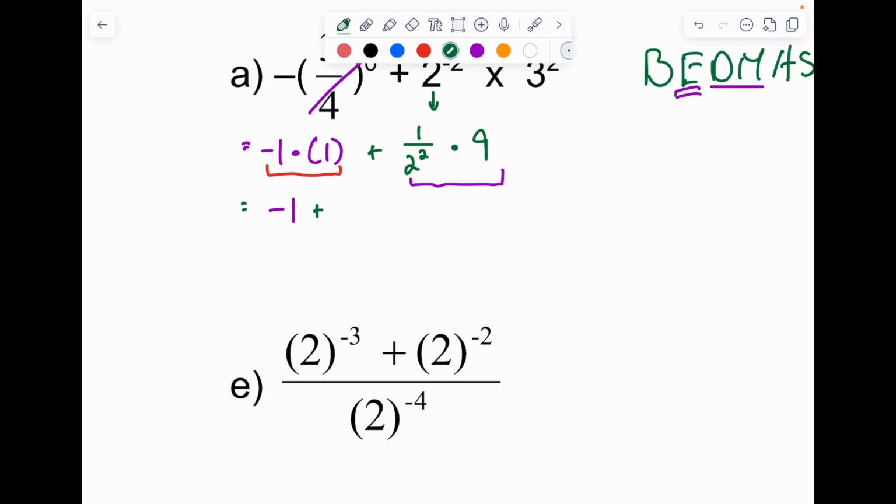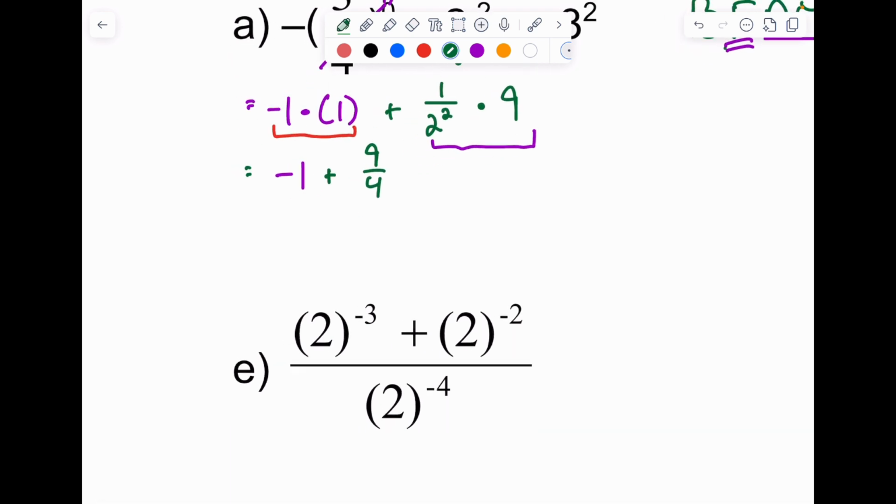So that is me saying, well, 1 quarter, because that's what 1 over 2 squared is, multiplied by 9, and that's the same thing as me saying 9 over 4 plus 1. Well, now I deal with my addition, so I need a common denominator, so that's technically negative 1 over 1. So common denominator, multiply both by 4. So that's negative 4 over 4 plus 9 over 4. Well, that is 5/4.